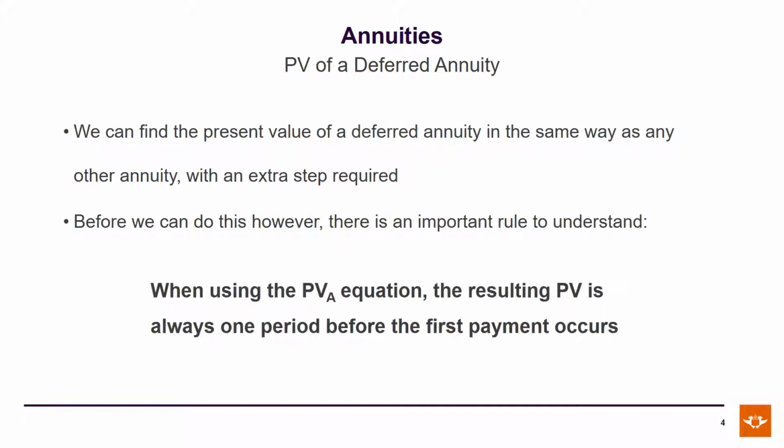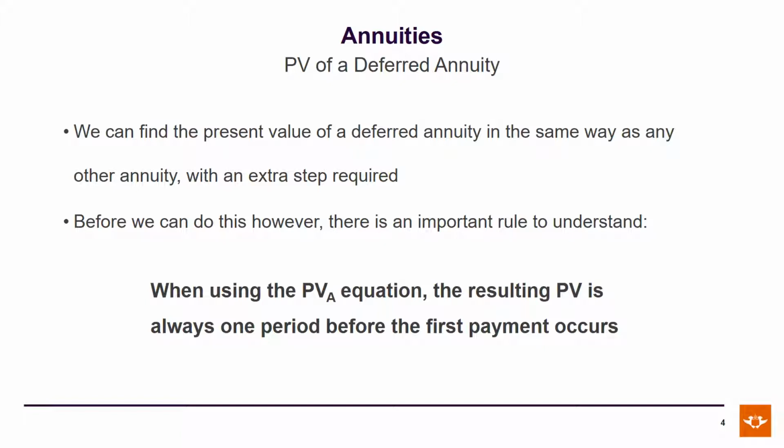So we can find the present value of a deferred annuity in the same way as any other annuity, but we have to be mindful that there is one more step required to get it back to time 0. But before we do that, we have to understand that when we're calculating the present value of an annuity, it is always one period before the first payment occurs.